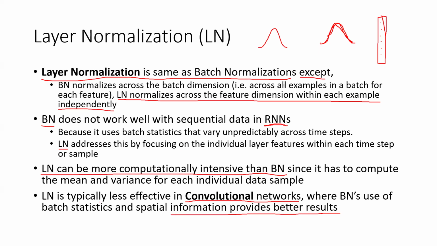So in some cases we use batch normalization, and in some cases we use layer normalization. You have to use them appropriately. People have experimentally verified in which cases we should be using layer normalization, and in which cases we should be using batch normalization, right?